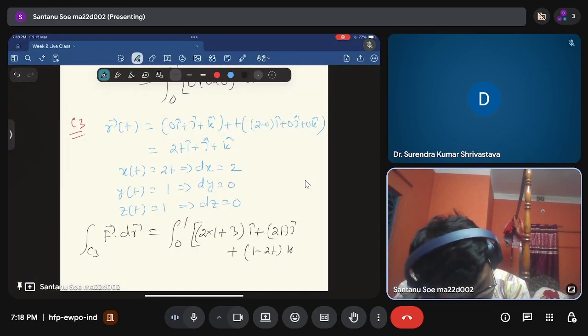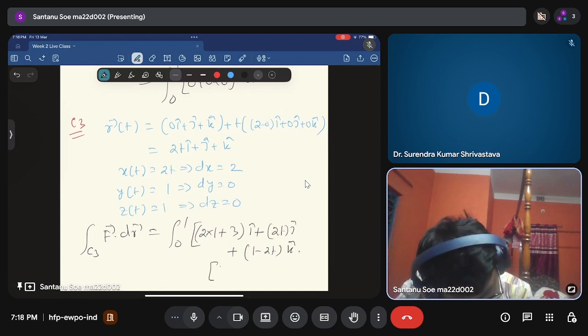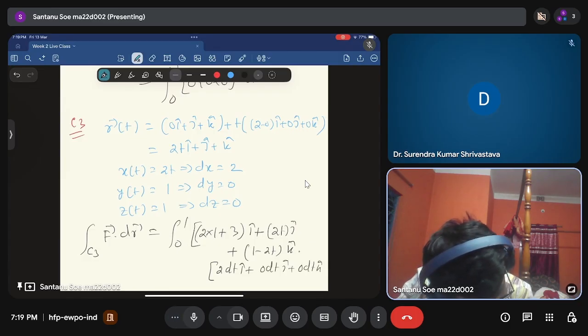The dot product is with 2 dt i cap plus 0 dt j cap plus 0 dt k cap.